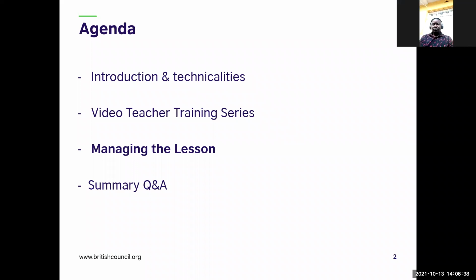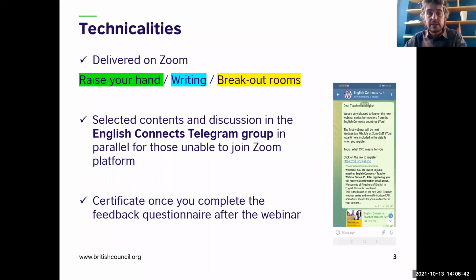Introduction and technicalities. How are we doing this? We are delivering this now here on Zoom. We have three types of interaction. One will be raising your hand to answer a question or give an opinion or an idea. That's in green.